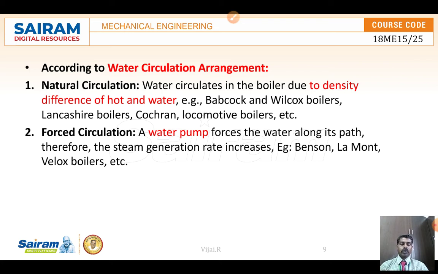Normally cold water has less density and hot water becomes less dense, which indicates how it moves with the help of the density difference. We call it natural circulation. And if you use a pump for moving the water, we call this forced circulation, right?